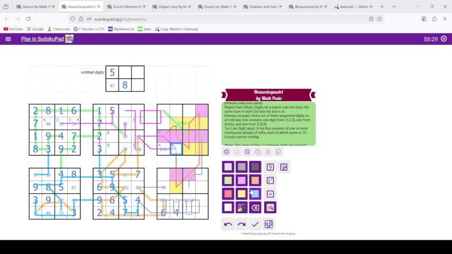This is odd. This is even. It's one of each. These have to be fairly low digits, I think.